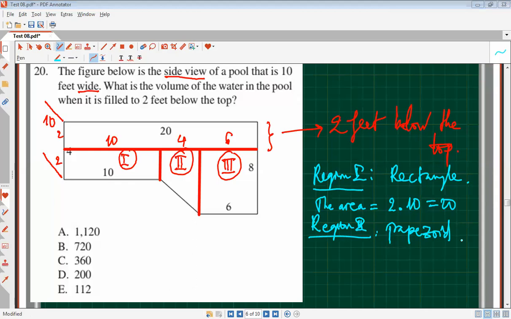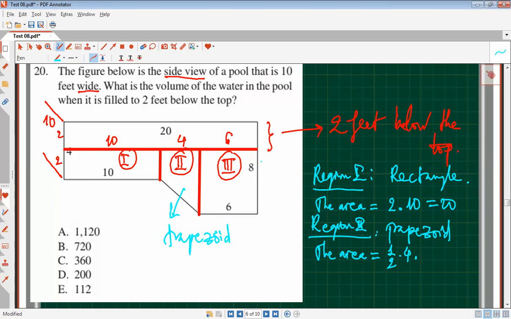The second region is a trapezoid, and the area is equal to one half times the height. It is number 4 times the sum of the 2 bases.